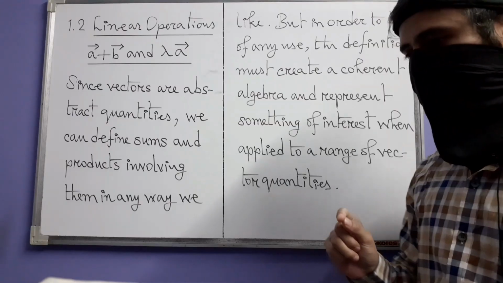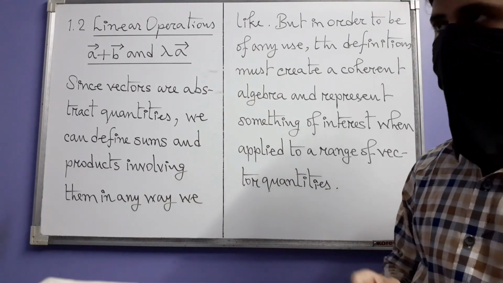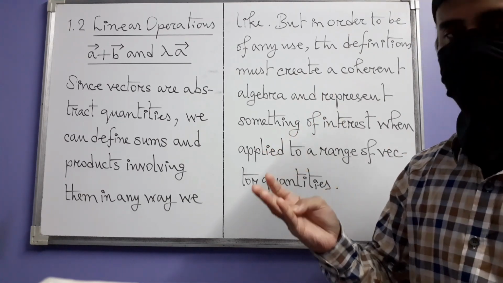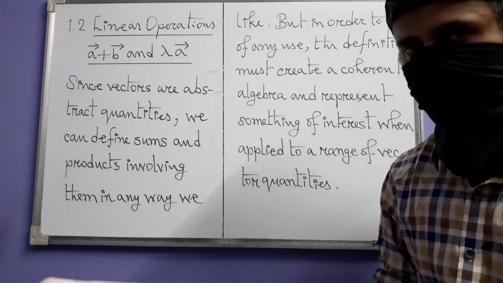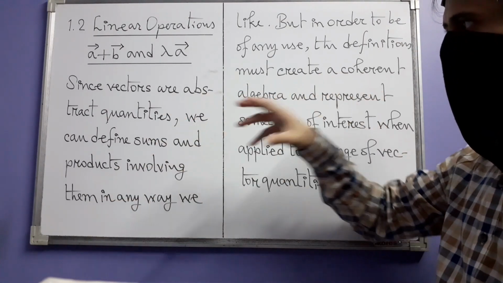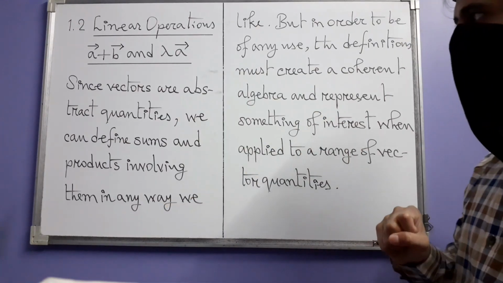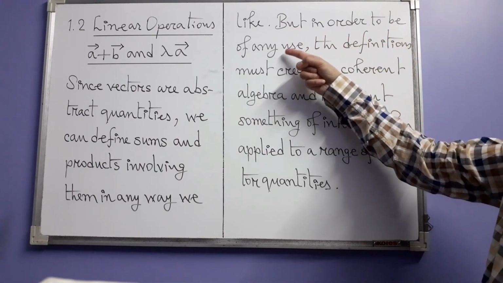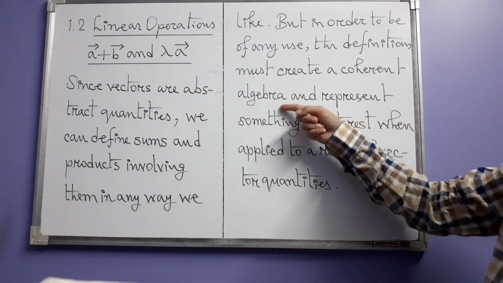Do not forget that the source of mathematical vectors, these abstract quantities, are our physical vector quantities. Velocity, acceleration, momentum, force, all these things which arise in reality. So we actually abstracted the idea of vectors from those physical quantities, and that is why the author says, but in order to be of any use, the definitions must create a coherent algebra.